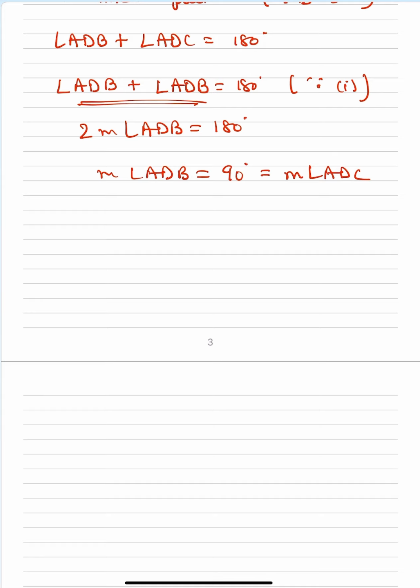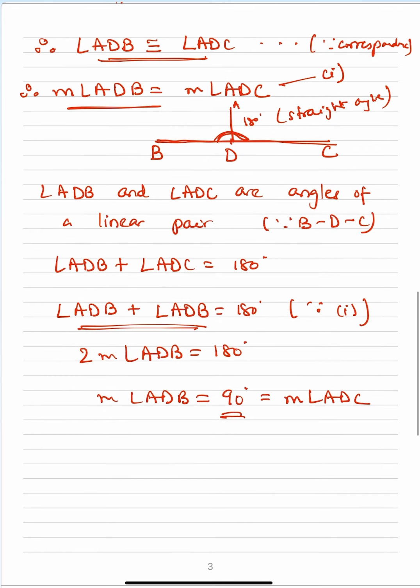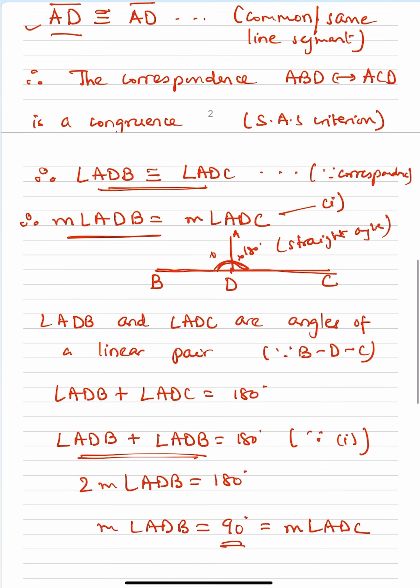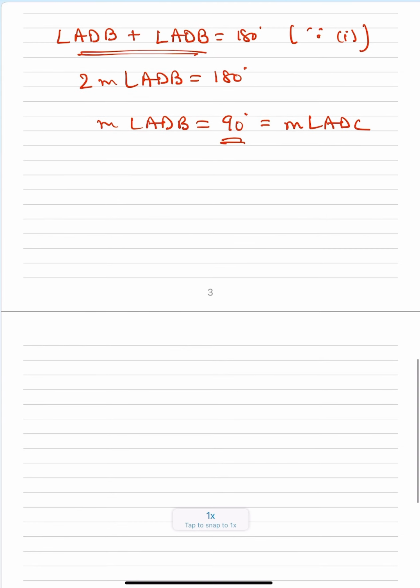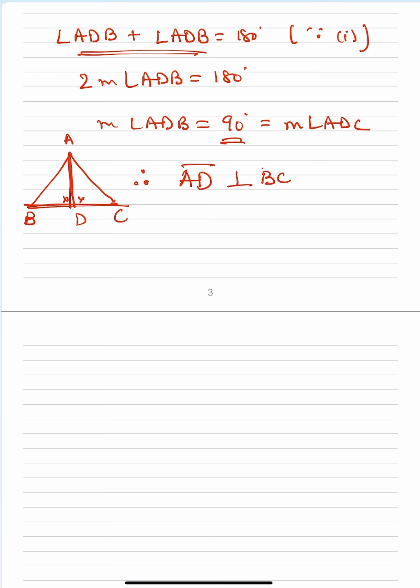Now as we have proved that this is 90 and this is 90, in this triangle, we have proved that these two angles are 90 degrees. So I can say that AD is perpendicular to BC. Therefore, line segment AD is perpendicular to line segment BC.